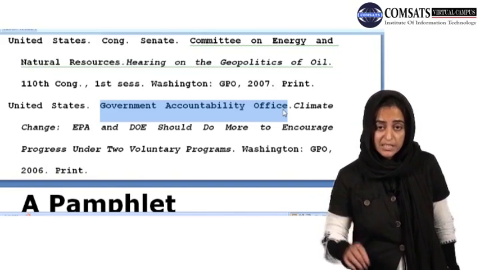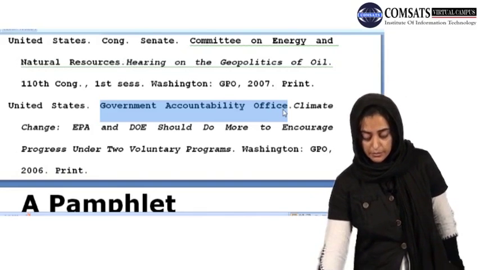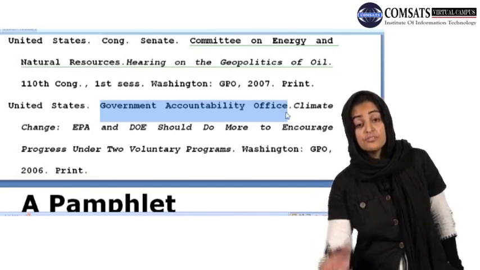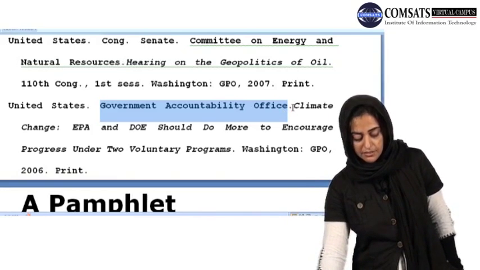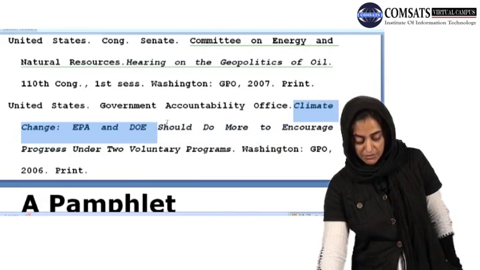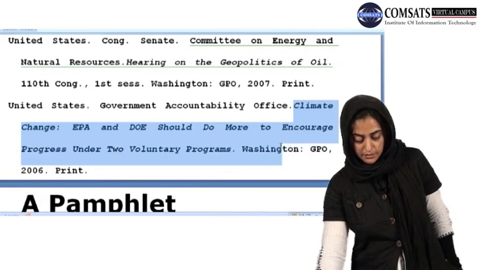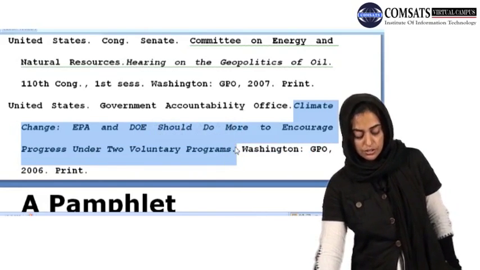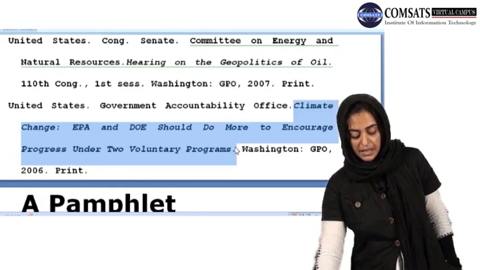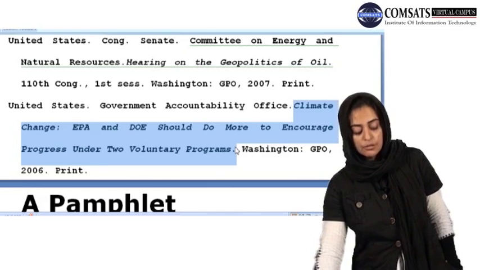Then a period, after it the title of the particular publication, and that is Climate Change: EPA and DOE Should Do More to Encourage Progress Under 2 Voluntary Programs.